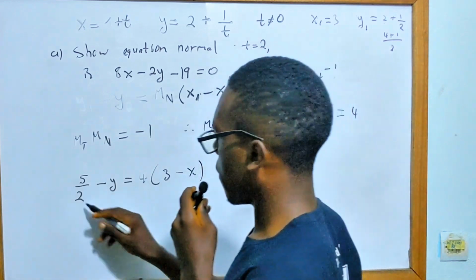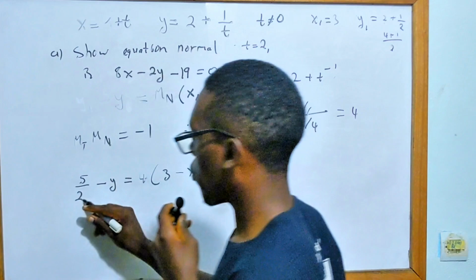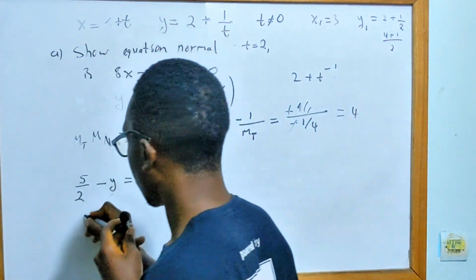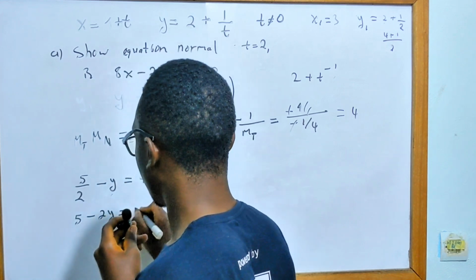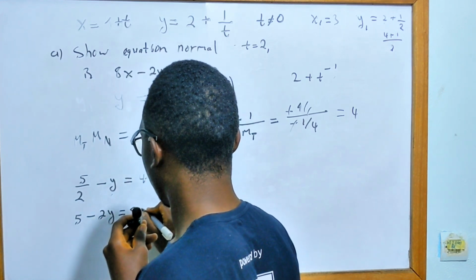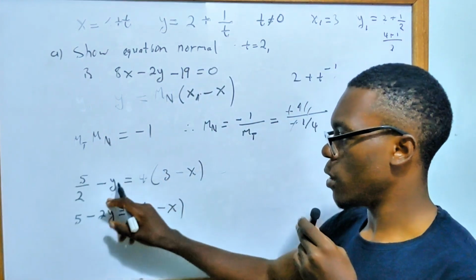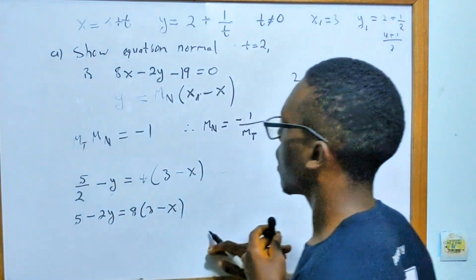We can multiply everywhere by 2 to have 5 minus 2y equals 8 into 3 minus x. That is it. We multiply everywhere by 2.